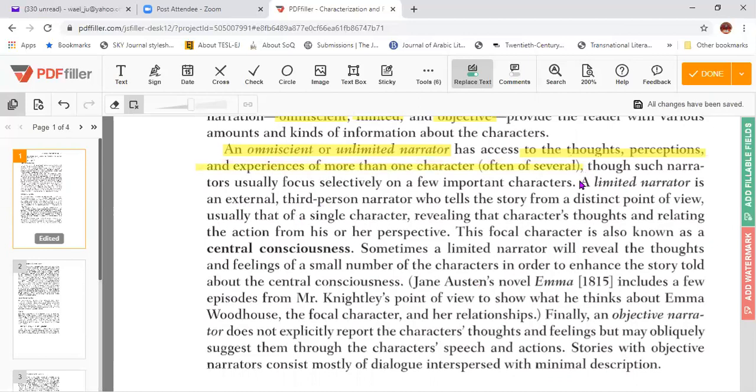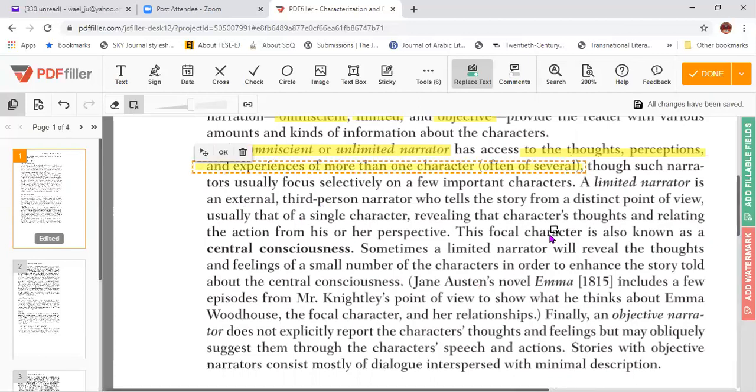So simply, this narrator is able to comment on characters and access their thoughts, their perceptions, the way they think, the way they feel, and the way they experience things. He has the power or the ability to get into the thoughts, perceptions, and experiences of more than one character.